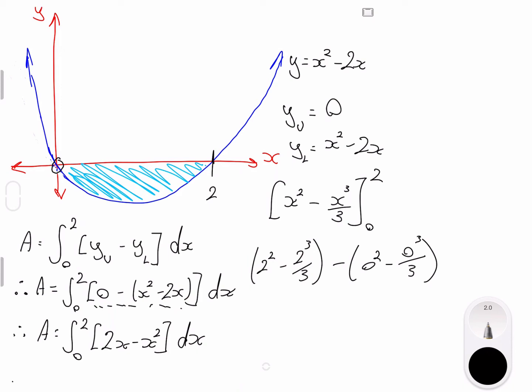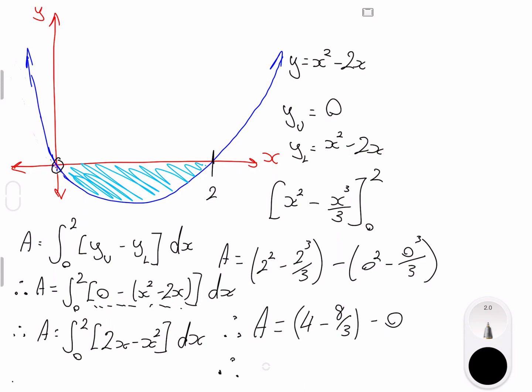And therefore, our area is going to be 4 take 8 over 3 take 0.